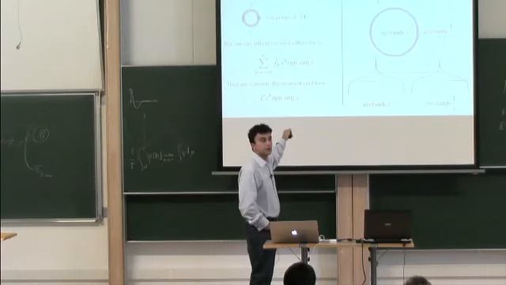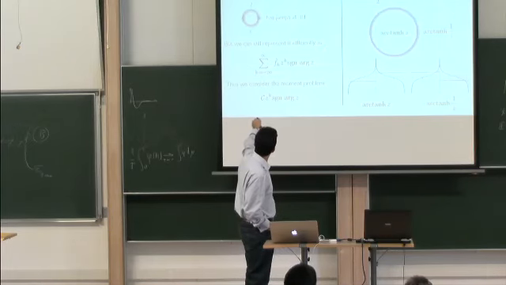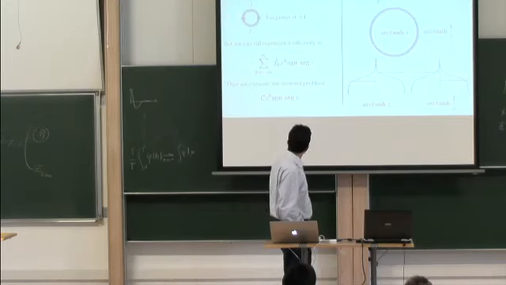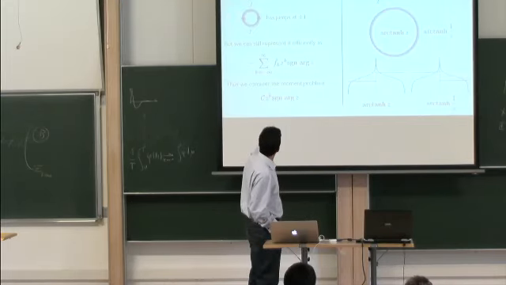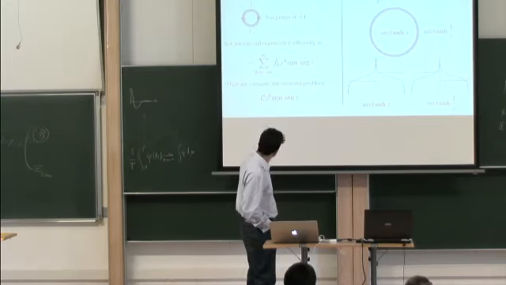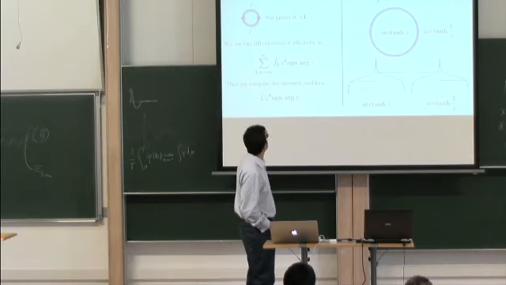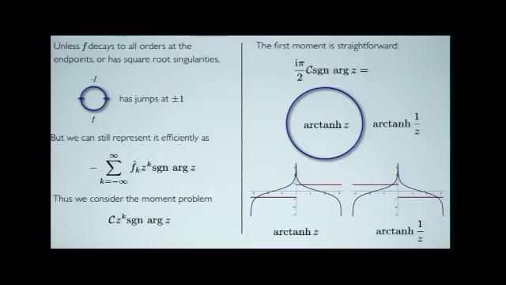This is plus 1 below the circle and minus 1 in the upper half circle. Okay, and so we can efficiently represent this function in terms of this series. And so if we can compute the Cauchy transform of this, we can then compute the Cauchy transform of that efficiently.